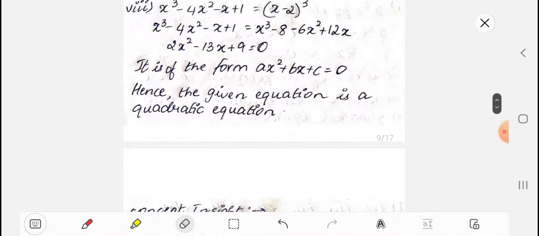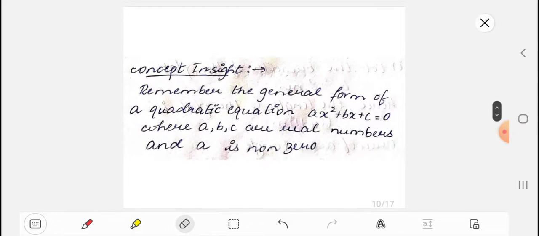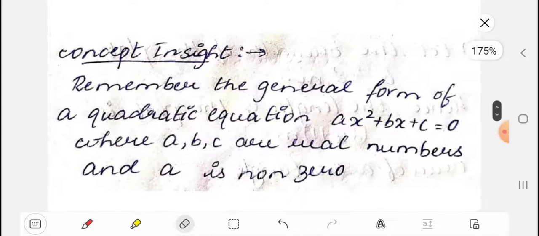What we have to remember over here, you can put a heading as note or concept inside. Remember the general form of the quadratic equation: ax square plus bx plus c equals 0, where a, b and c are real numbers and a is not equal to 0.